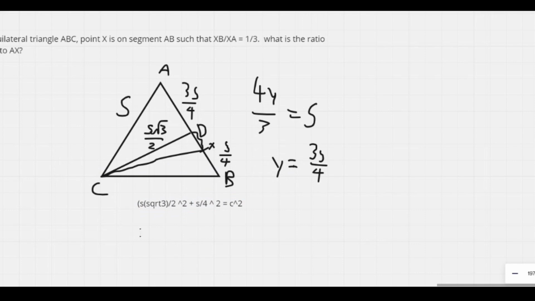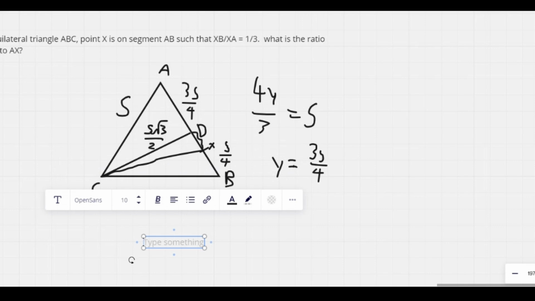So if you square this out, it'll be S squared over 16 plus 3S squared over 4.